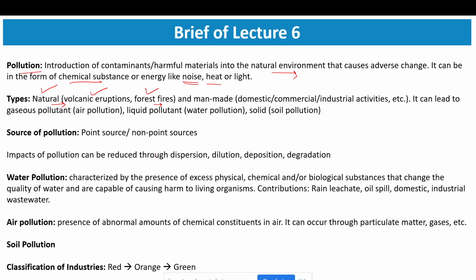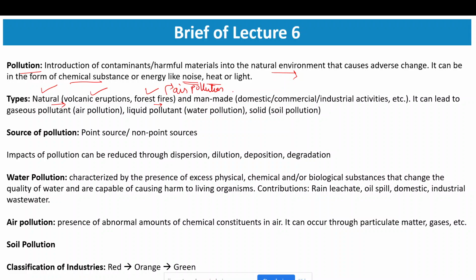Air pollution. Yes, air pollution can occur because there will be a lot of gases or soot formed, because there will be fire of the trees, the entire forest will be under fire. There will be some soot formation, and gases like CO2 and some sulfur or nitrogen oxides.